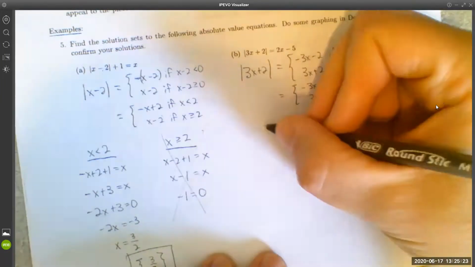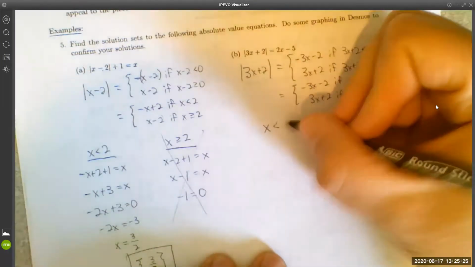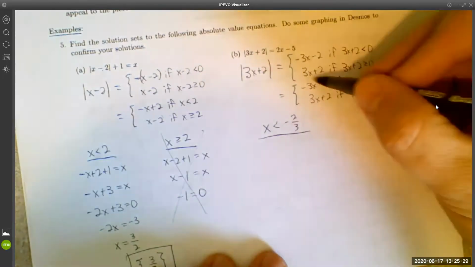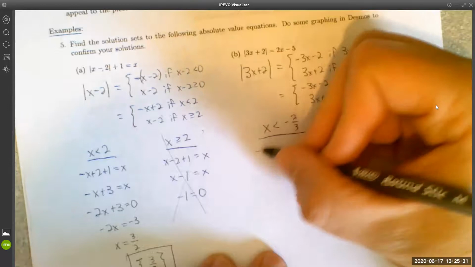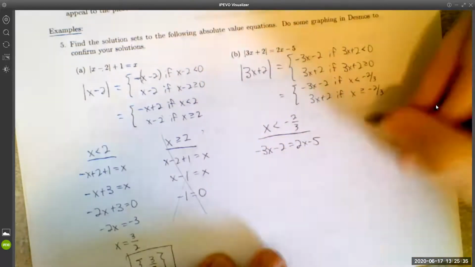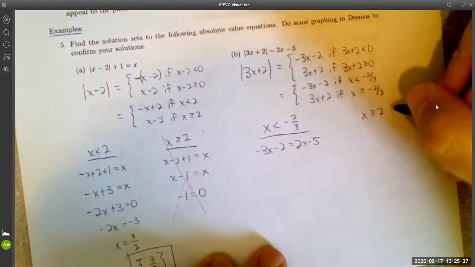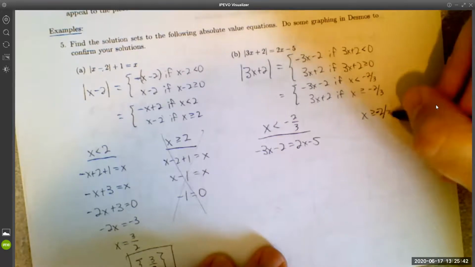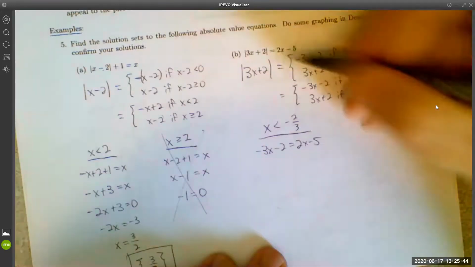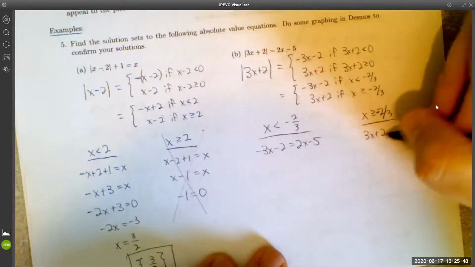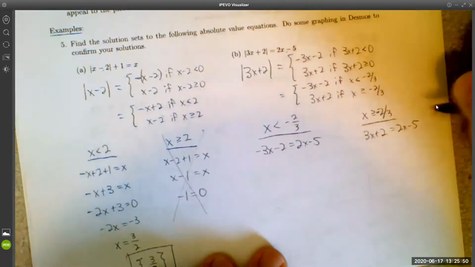I need to consider if x is less than negative 2/3, then this equation becomes negative 3x minus 2 equals 2x minus 5. If x is greater than or equal to negative 2/3, then this equation becomes 3x plus 2 equals 2x minus 5.